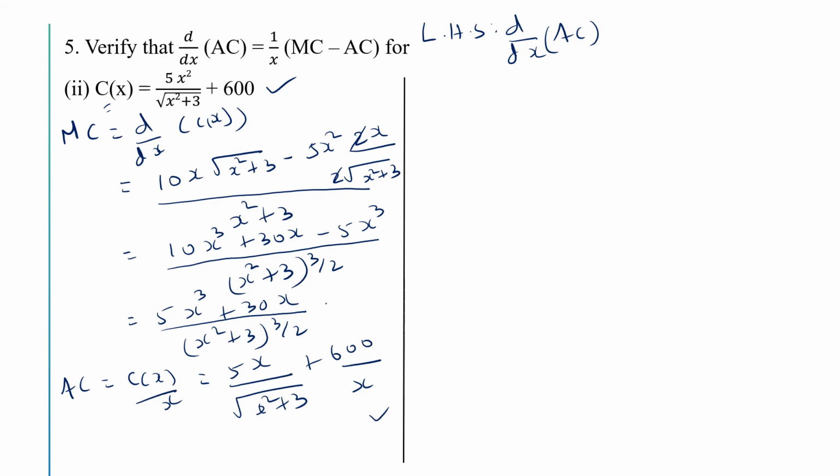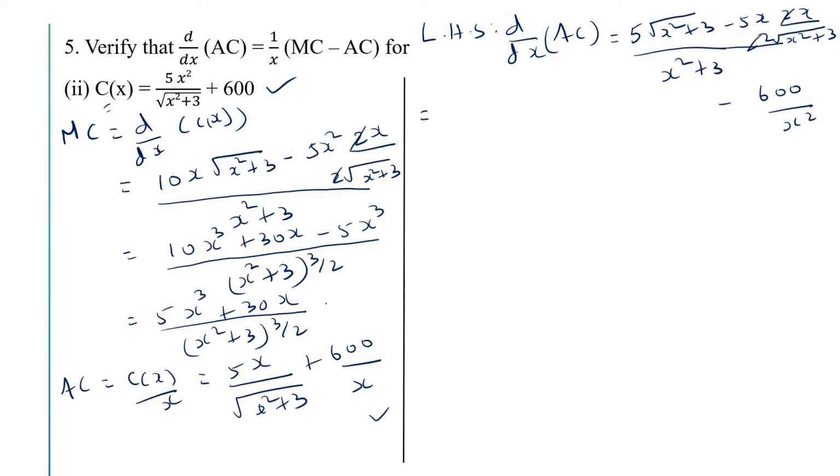So this is equal to, here we have x square plus 3, keep the denominator, differentiate the numerator, we get 5 root x square plus 3 minus, keep the numerator and differentiate the denominator, 5x divided by 2x into 2 root of x square plus 3, minus 600 by x square.